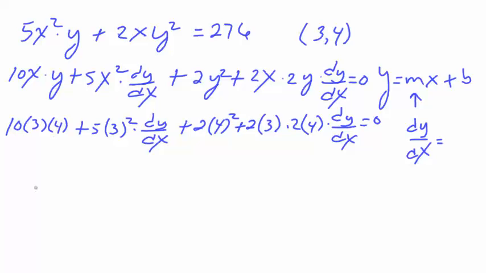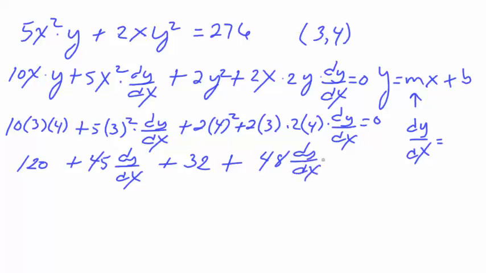So that times 4 is 120, right? 120 plus, then we got 9 times 5 is 45 dy over dx, plus we got 16 times 2 is 32, plus 2 times 3 is 6, 6 times 4 is 24, and 24 times 2 is 48, 48 dy over dx.